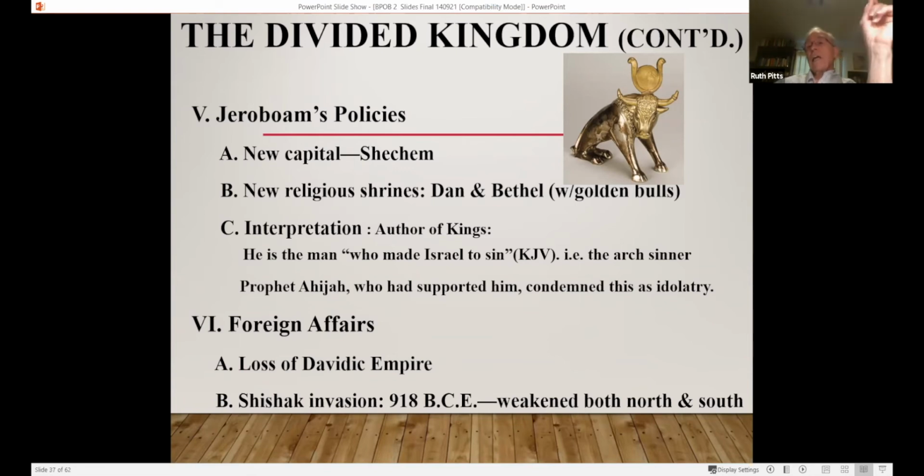That's the way that King James puts it. He's the arch sinner, and then all the kings after him will do the same thing. They don't remove these idols, these symbols of Baal in the northern kingdom. Okay. So the prophet Ahijah, who had supported his take-off, condemns this as a form of idolatry.